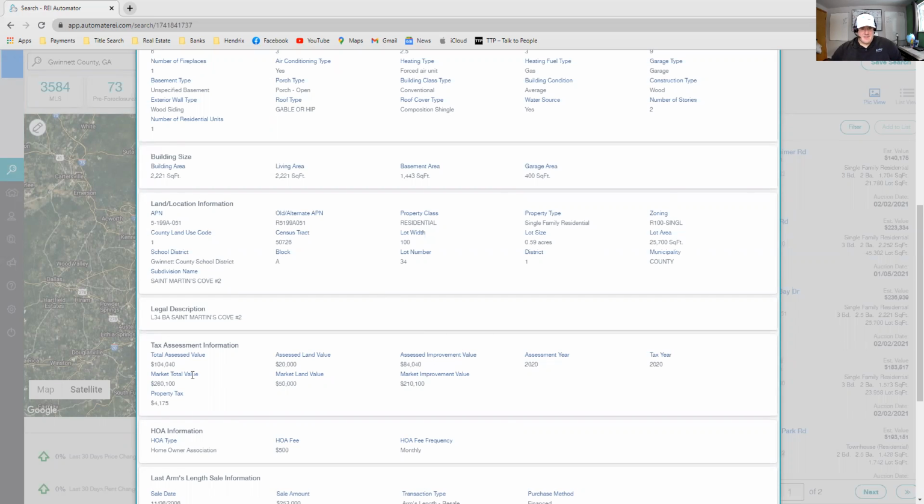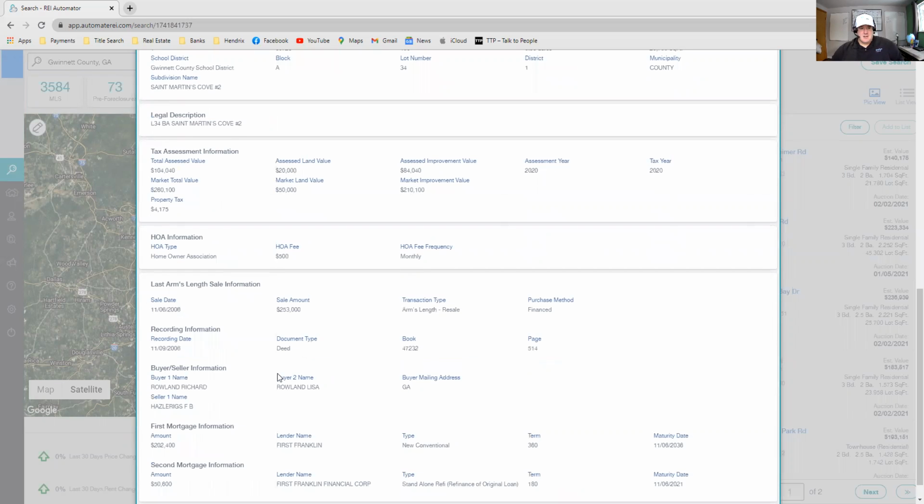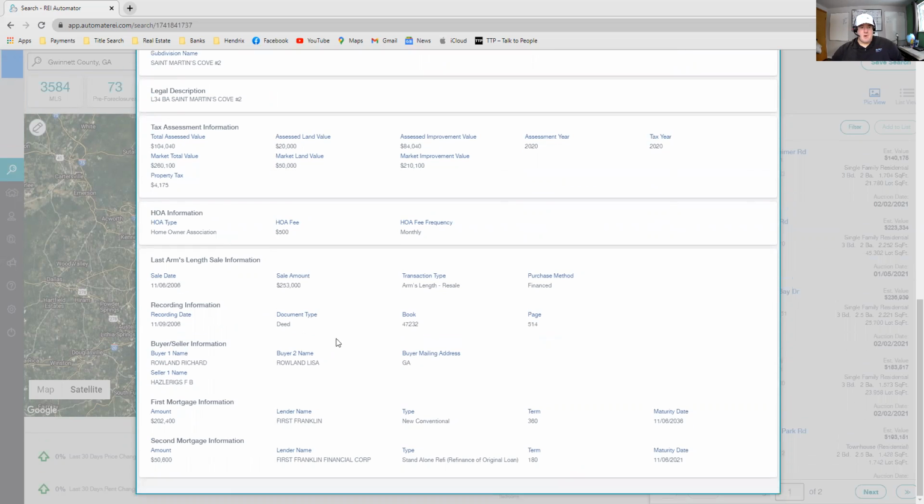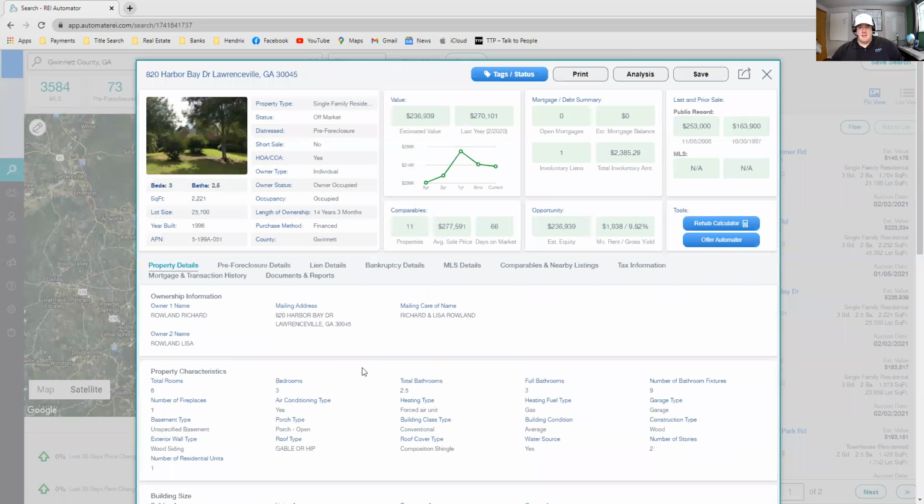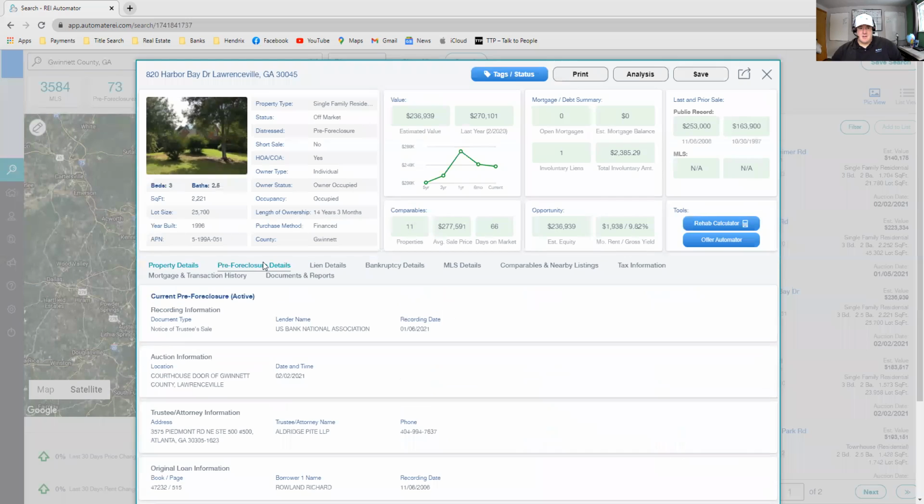Let's see, it's going to give you any tax assessment information, any mortgage, who's bought the property recently, things like that. All right, it's also going to give you the pre-foreclosure, where it's at, the attorney that's listed with it.